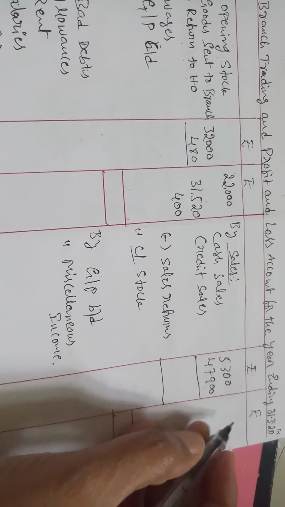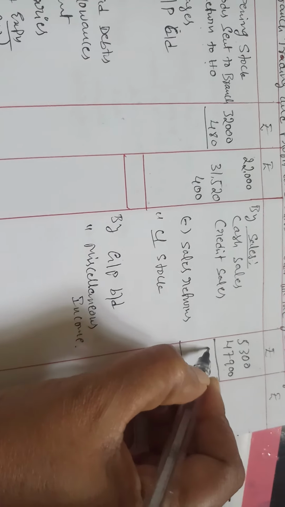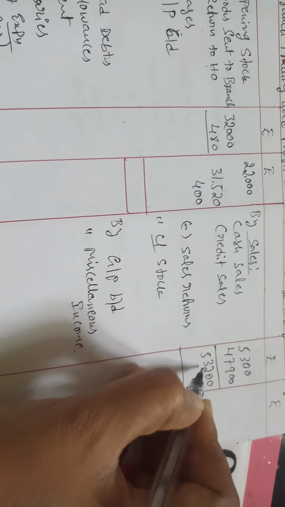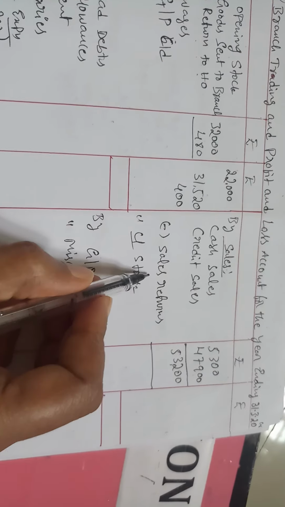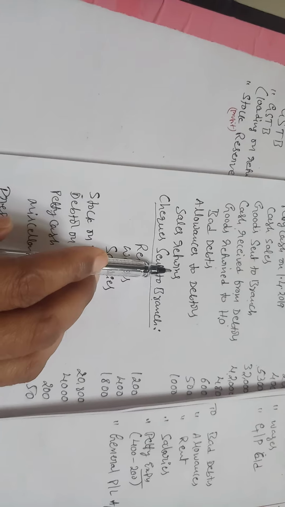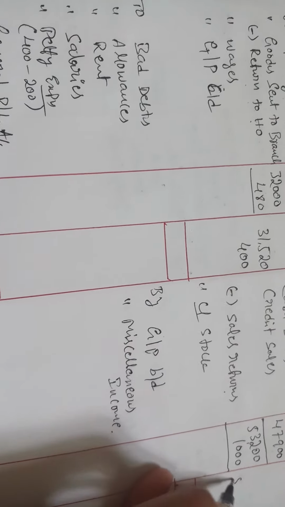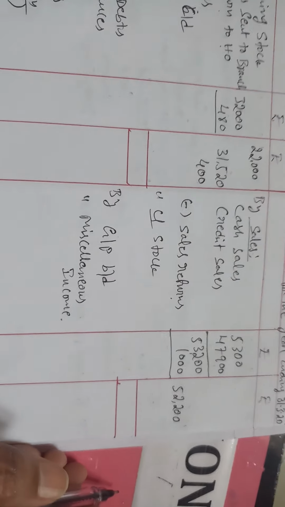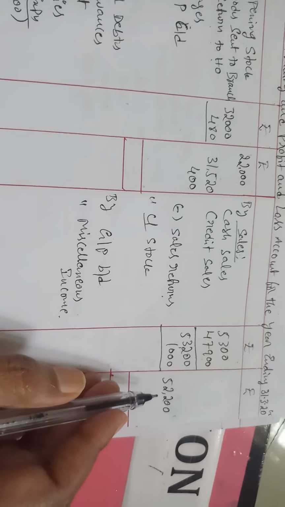Total 53,200. I'm writing in the inner column because the sales return is here. Less sales return 1,000 rupees, so 52,200 is the sales.